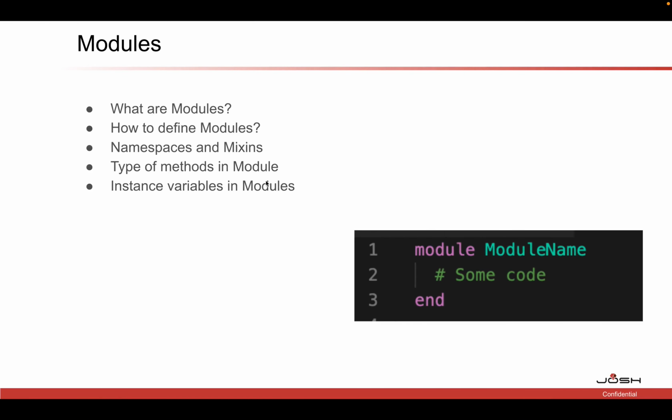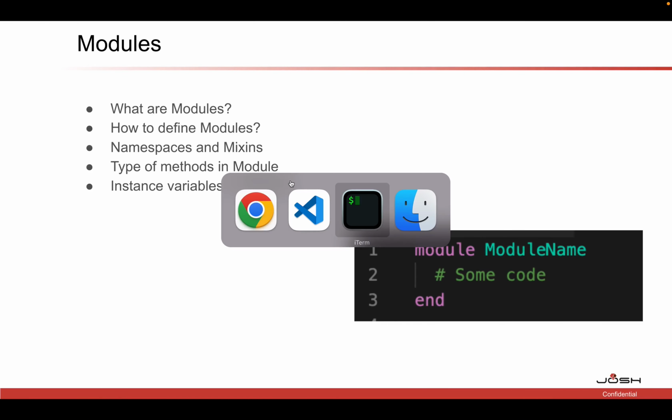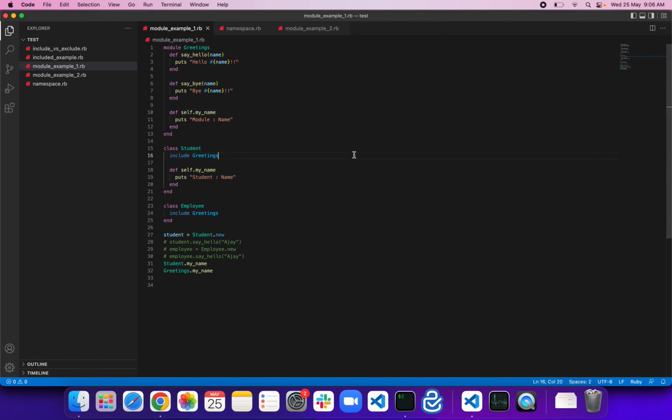So instance variables in a module. We define some instance variables in a class, right? And as we are able to access the methods of modules from the class using the instance, we will be able to access the instance variables of the class inside the module as well.